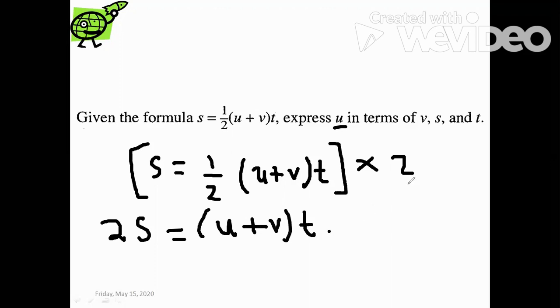So the 2 doesn't take the t. It just takes the half. And what we're going to do is use the distributive property here.